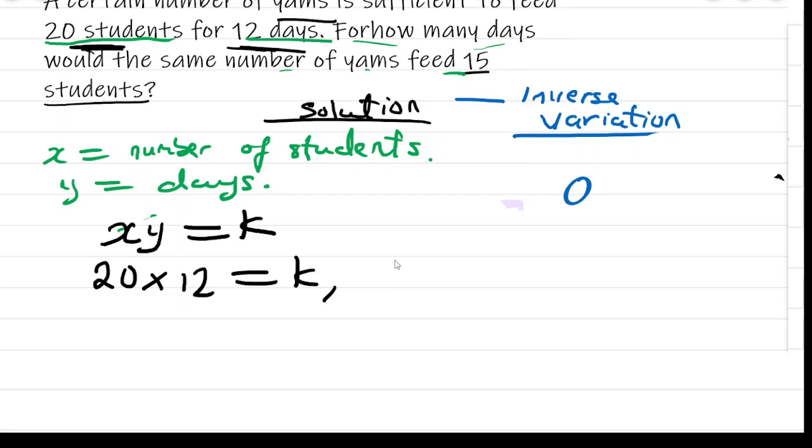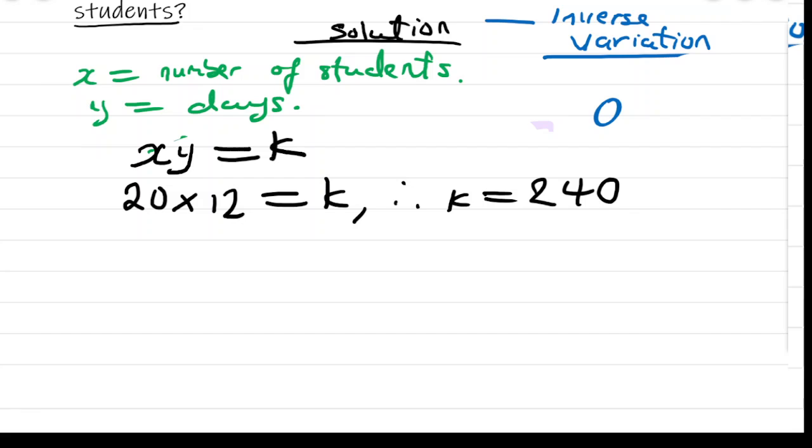That is 240, because 2 times 12 is 24. So k is 240. This means that xy is 240.